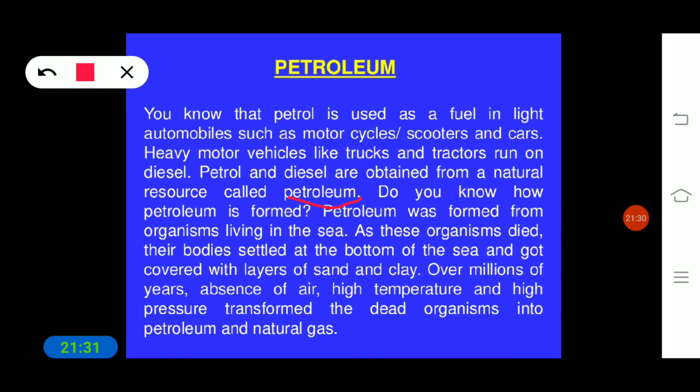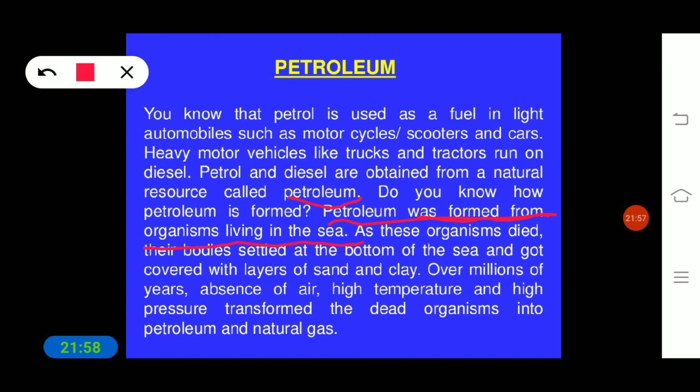petroleum is formed? Petroleum was formed from organisms living in the sea. As these organisms died, their bodies settled at the bottom of the sea and got covered with layers of sand and clay.